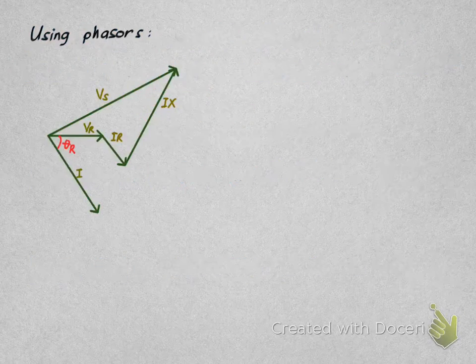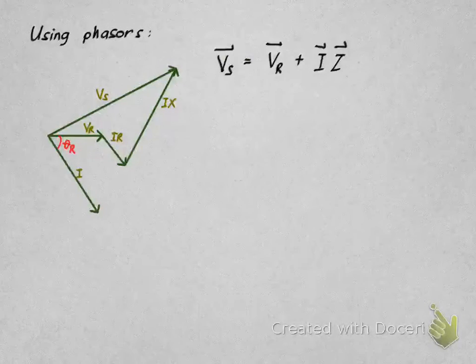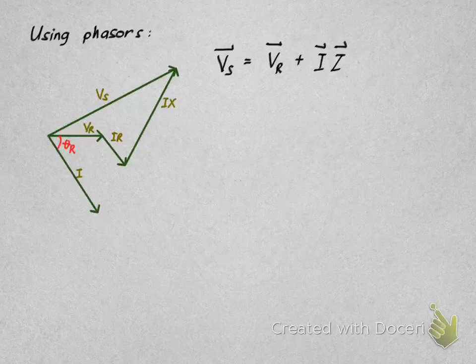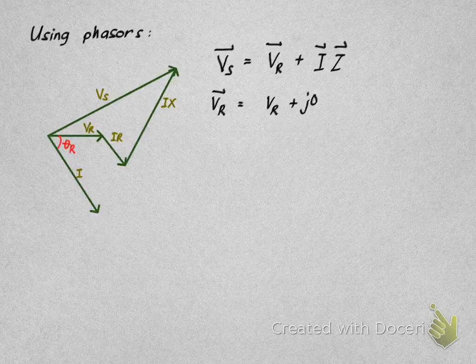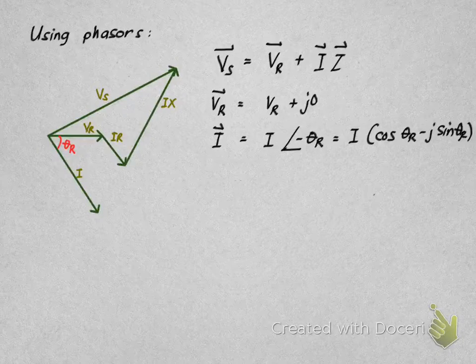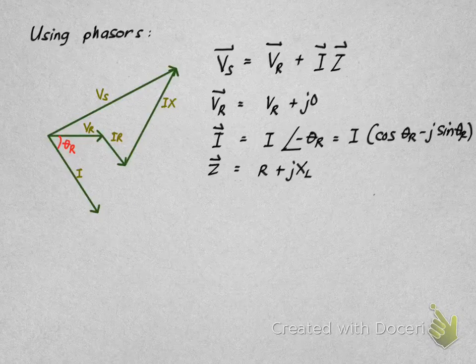On the other hand, we can make use of phasors in complex notation: Vs, Vr, I, and Z. I made use of an arrow to notate that it is a vector. The Vr there is given as Vr plus j0. The real and imaginary components for I is I cosine theta r minus j sine theta r, because this is lagging. For Z, it's R plus jXL.